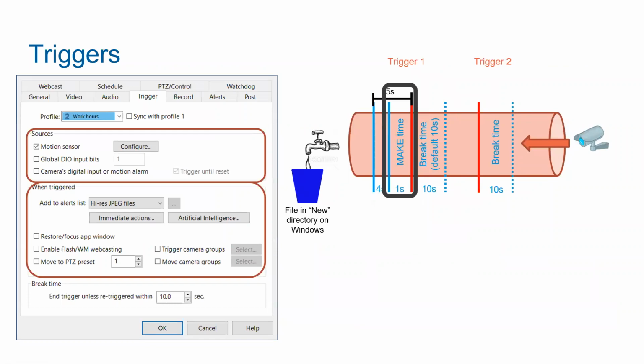And then we dove deep into the triggers dialogue. The biggest takeaway here is all the stuff in triggers is just that one second. What determines what's noise that I don't care about, like leaves blowing in the wind, versus a person walking to my door? The trigger tab determines that and determines the point of interest, which is the red lines.